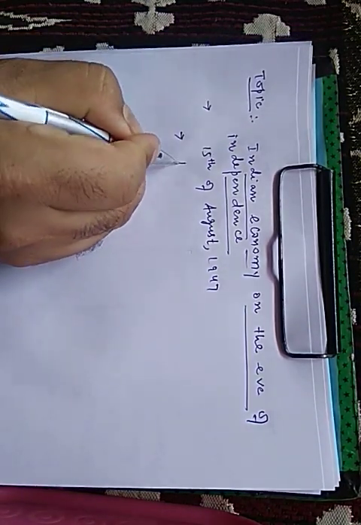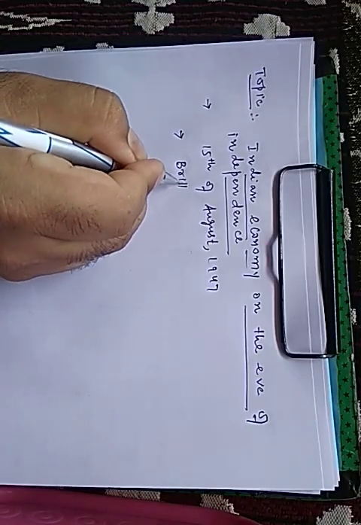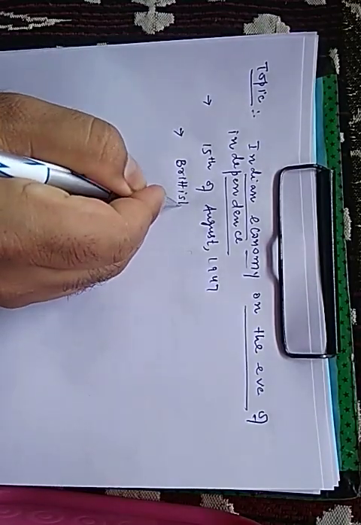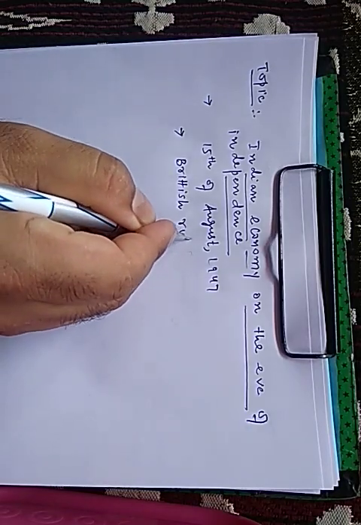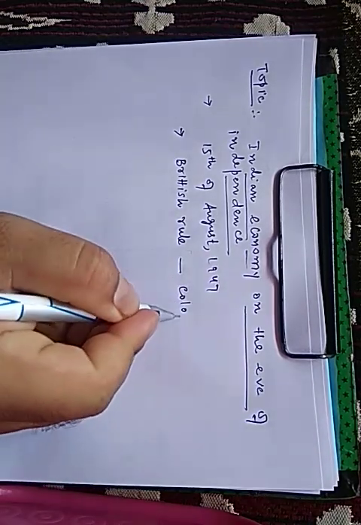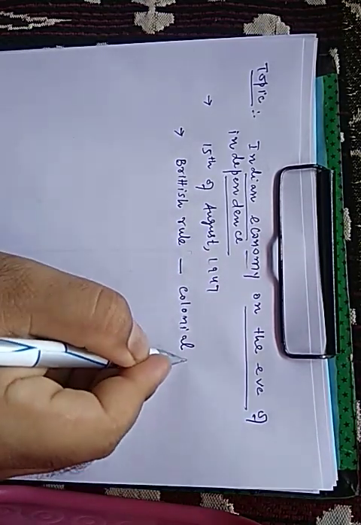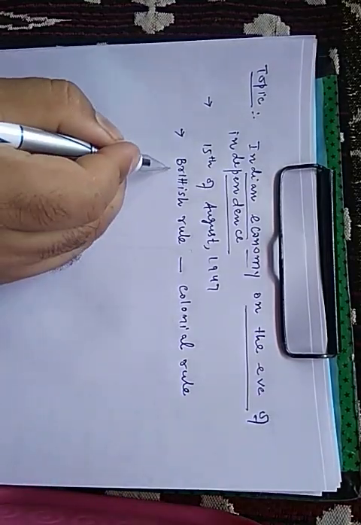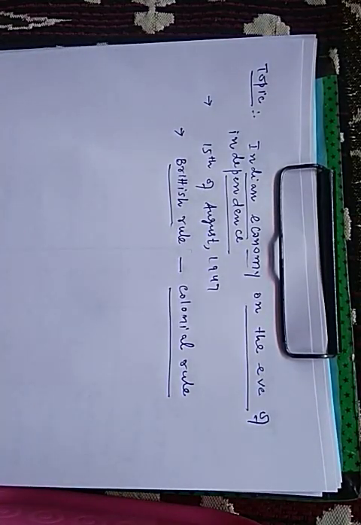There was British rule in India, which we also call colonial rule. And they exploited the resources of India in their own way. Their main motive of utilizing the Indian resources was to serve their own interest.